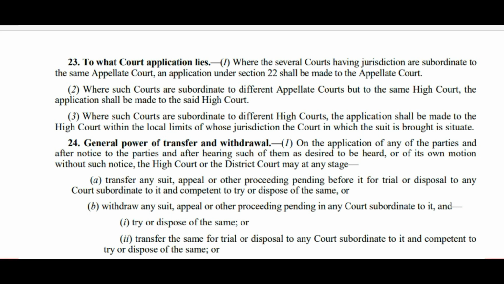Now a person wants to transfer his case from court C to F, and where he will file an application, that is the question. In this case, the appellate courts A and B come under the same high court. There is a high court beneath which you have the appellate courts A and B. Then this person who wants to get this case transferred can file an application to the high court. That is said under section 23 subclause 2.